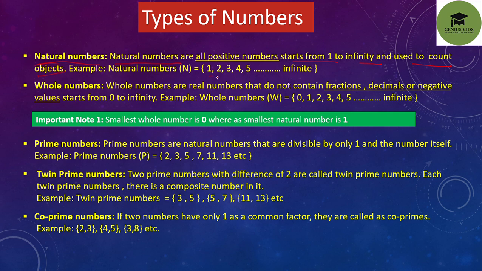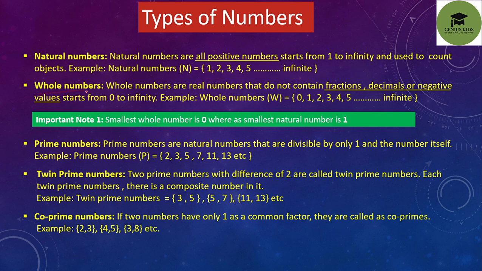So the natural numbers are 1, 2, 3, 4, 5 to infinity. Please note, natural numbers do not start from 0, because we do not use 0 to count any object.